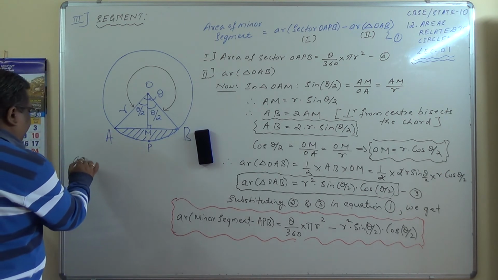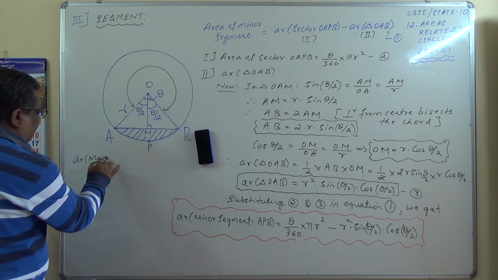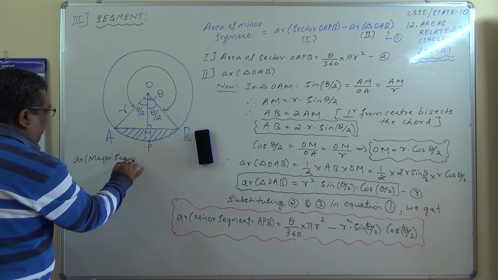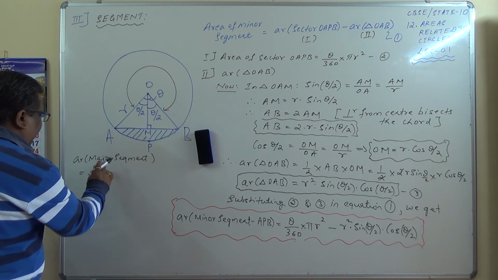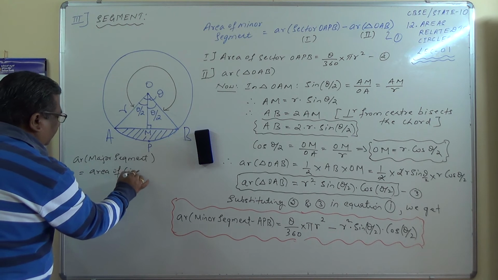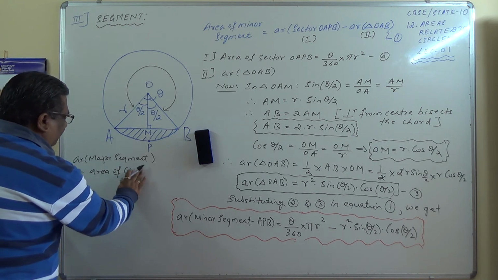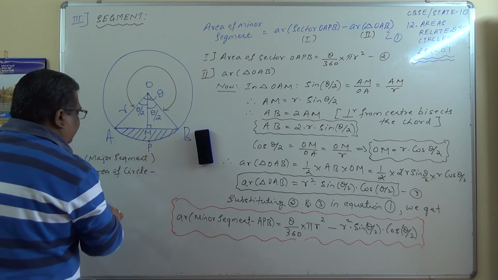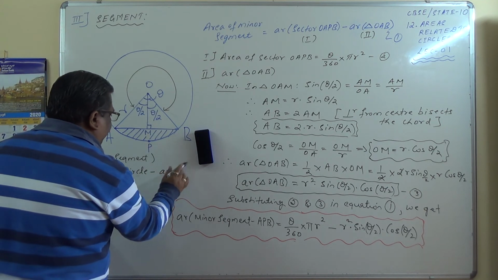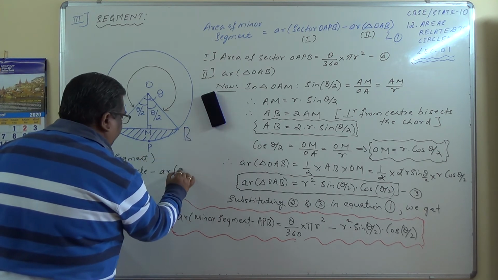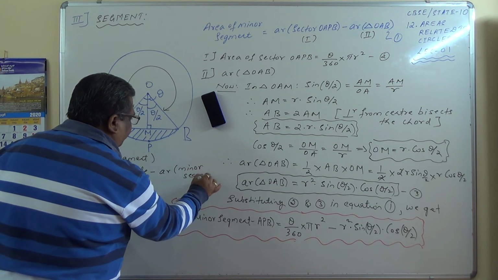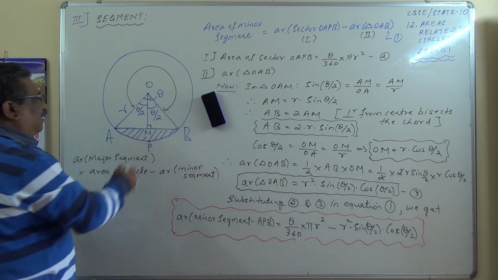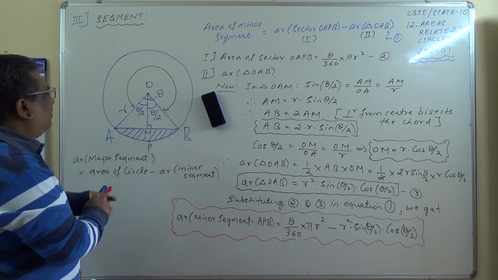Area of major segment is equal to area of circle minus area of minor segment, because you know the angle theta of the minor segment or the minor sector.